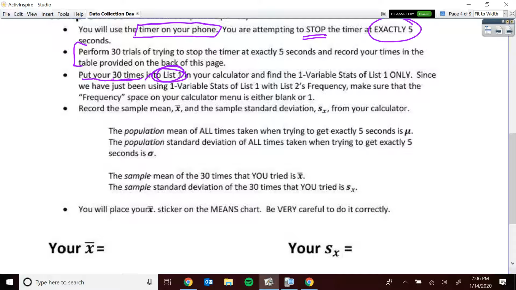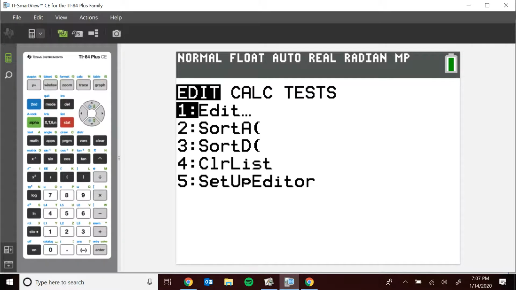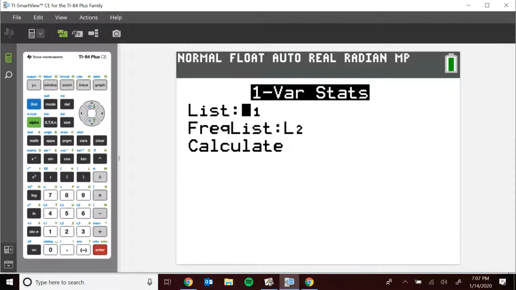And let's recall that we have just come from a chapter where we have done the probability distributions. We did one variable statistics of list 1, but we had list 2's frequency. So the issue with that is when you pull up your calculator and you go stat over to calc and you do one variable stats, if you had a menu here, then you had L1, and look at what you have next, L2.